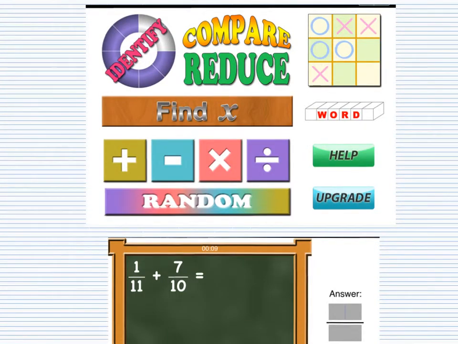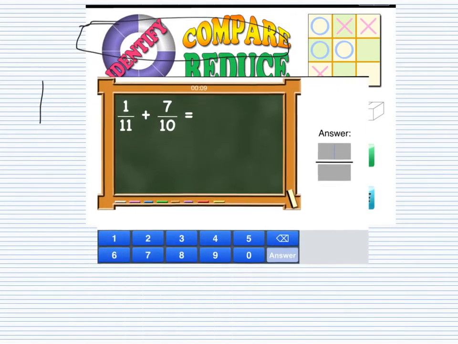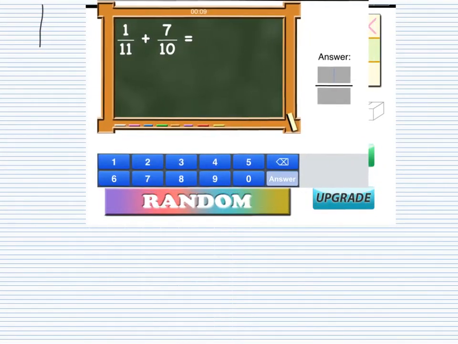The next category I will talk about, and it's also the last category, is the random button down at the bottom. As you can tell, the random button looks almost like adding, which I talked about in the category before. But on the random button, the students will click the random button, and the equation on this one is adding.